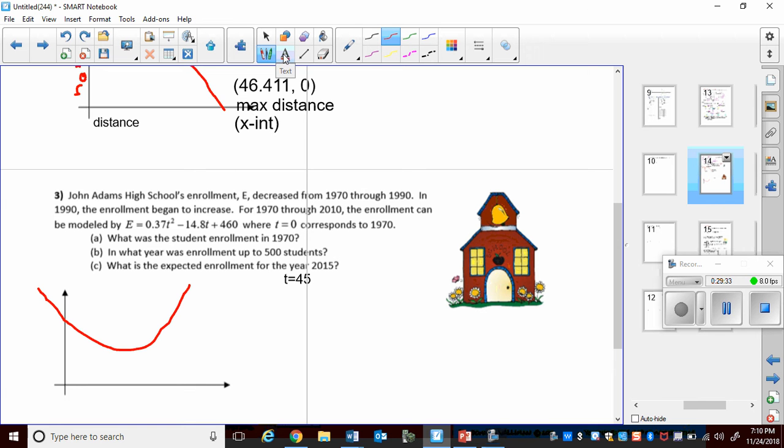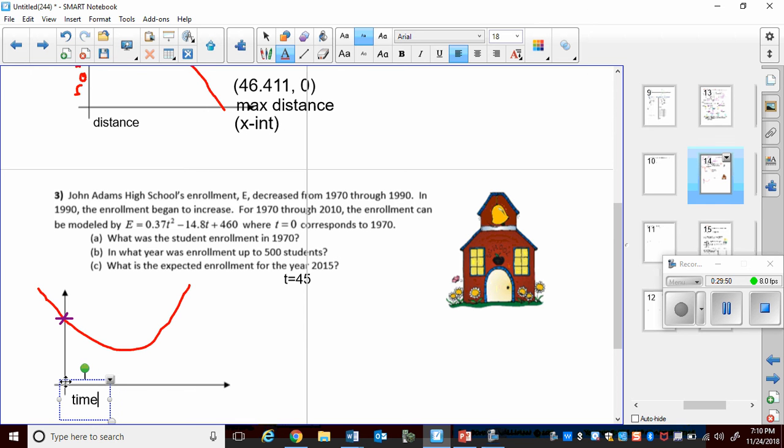Now, important points on this curve: the y-intercept, which is at 0, 460, and I'm going to label the axes. This is time, T, and I'm going to put that it's in years.